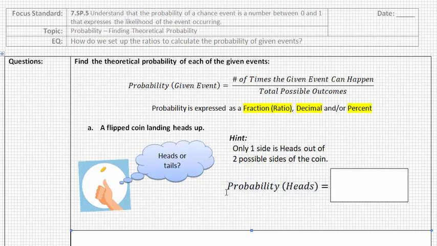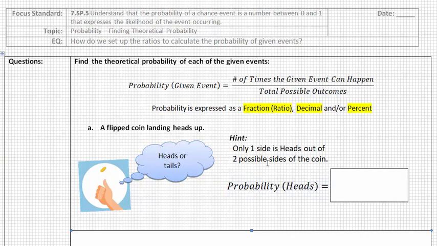So here's that format again. The question said the probability of a coin landing heads up. So we wrote probability, and the given event that we're looking for is the times it's going to land heads, so heads is in the parentheses, is equal to, and now I want to set up a fraction. How many times can it be heads is going to be in the numerator out of the total possible outcomes in the denominator.